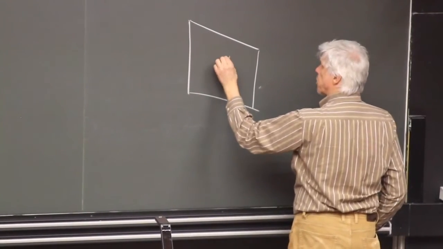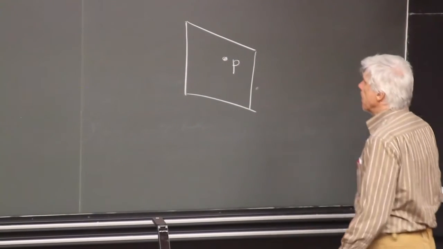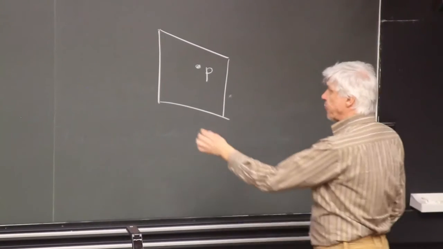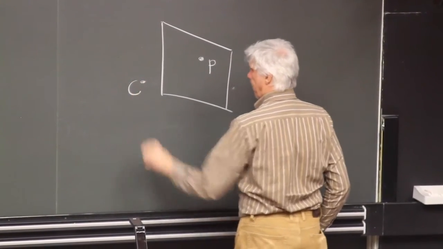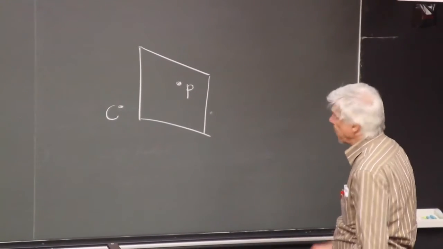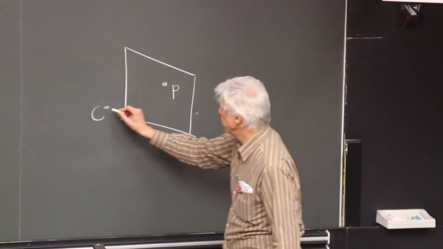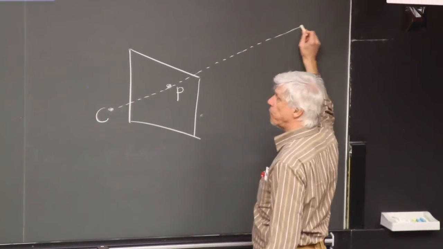We have this image projection P. And then we have the central projection of that first camera, C. Right. Now the projection ray is a connection. That's the projection ray for the first camera.